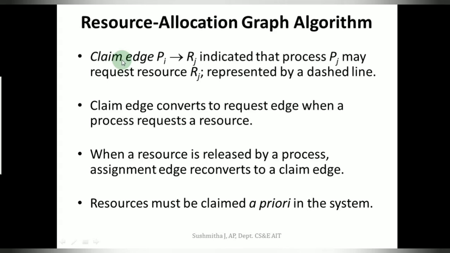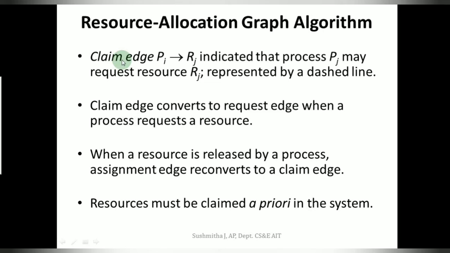When we started discussing your deadlock avoidance, we started with a thumb rule telling that if a process needs a resource, this resource should be claimed at the starting. That is, what is the maximum number of resources it needs for execution should be told at the beginning.